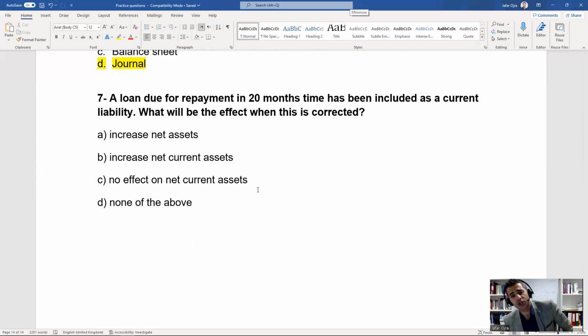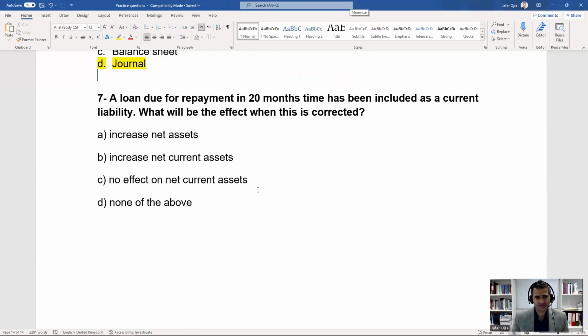But as you know, that should not be included as a current liability. That should be included as a non-current liability, a long-term liability. It's nothing to do with current liability because it's more than 12 months. What will be the effect when this is corrected?